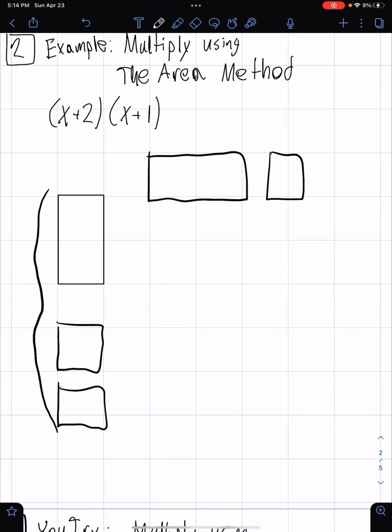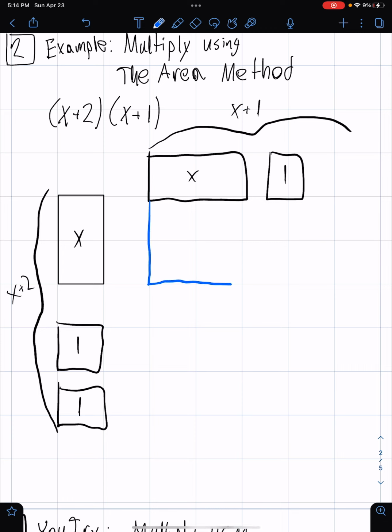This section right here is x plus 2, and this section up here is x plus 1. We can label these out to make it easier for ourselves. So this is x, this is 1, this is 1, this is 1, and we see that right here this length is the same as this length right here.